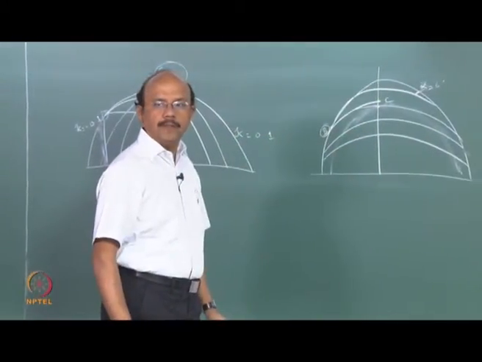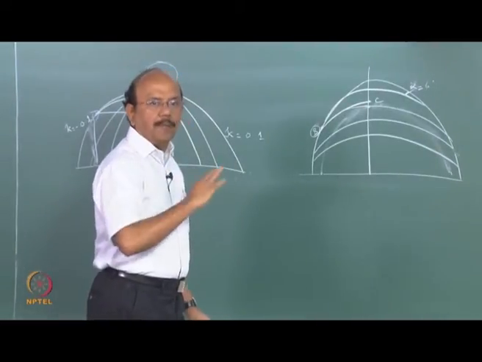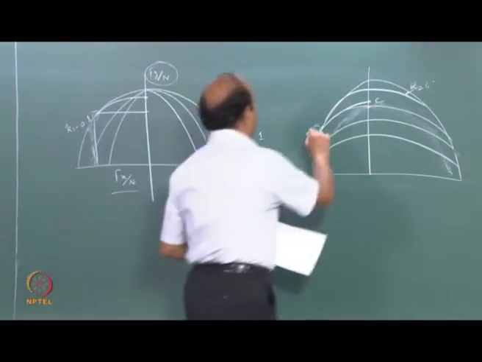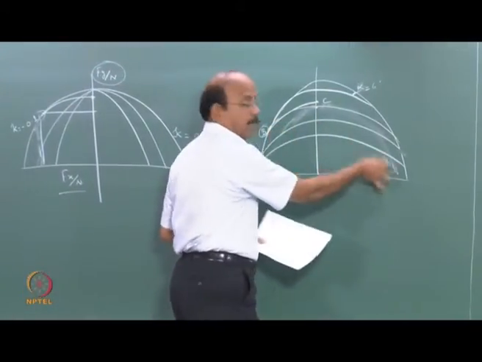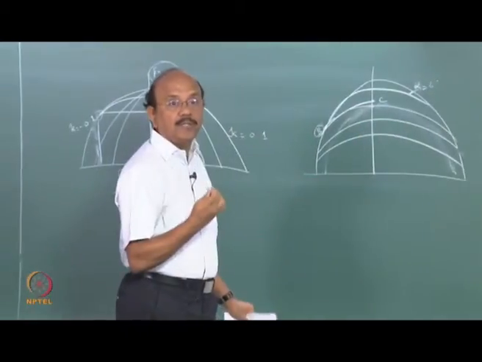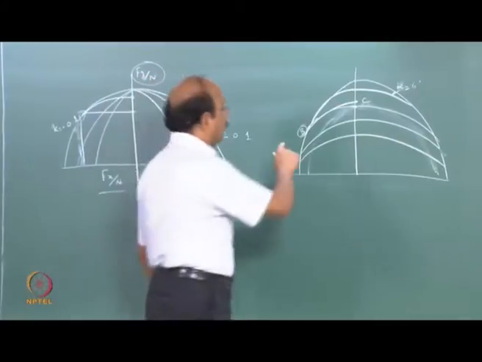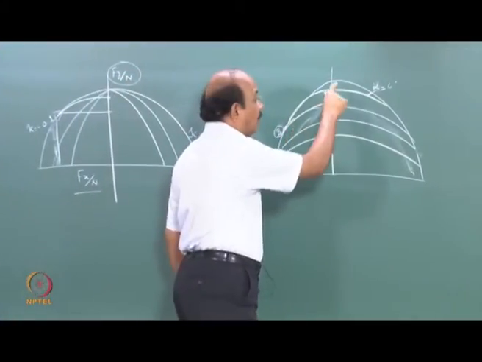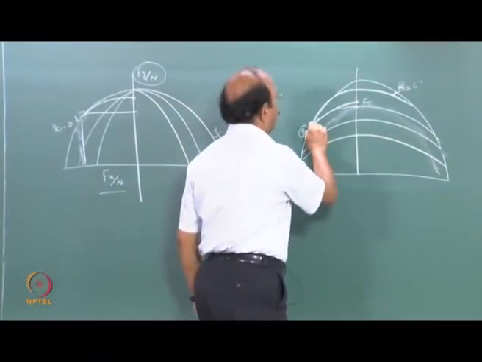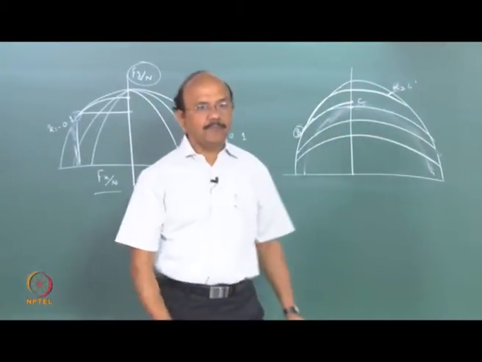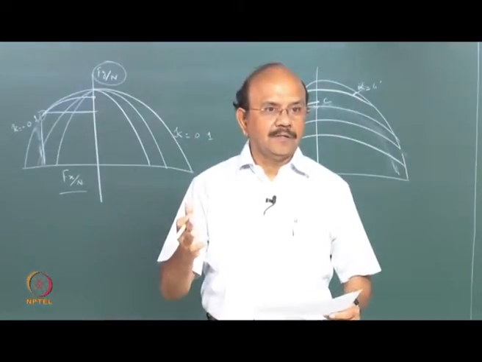Then if you now apply a brake, the slip force remains the same. In other words, you are moving from here. These are the slip curves, forces that are generated due to the slip angle. The slip angle remains the same, okay? But you are shifting from this corner onto the y-axis. So in other words, you are shifting from B to C position, right?